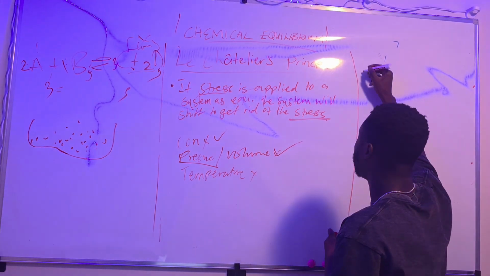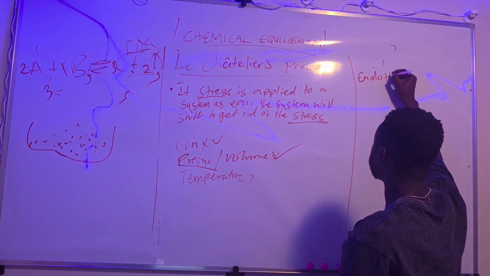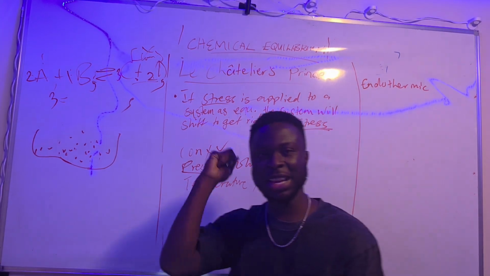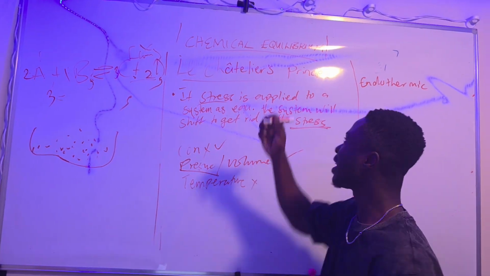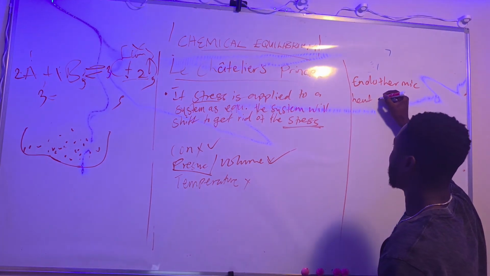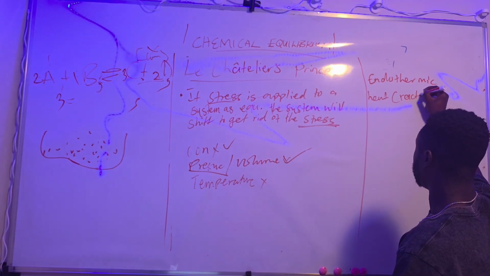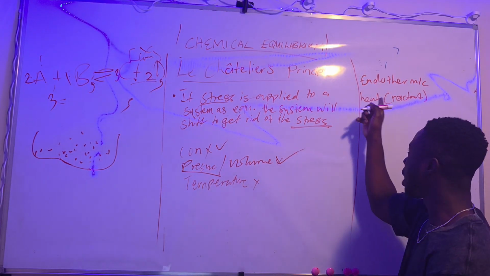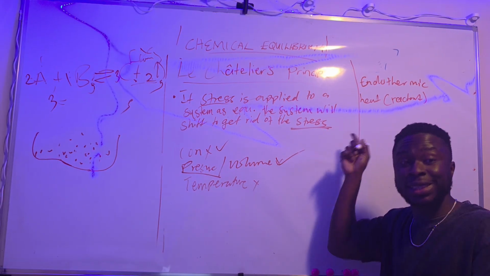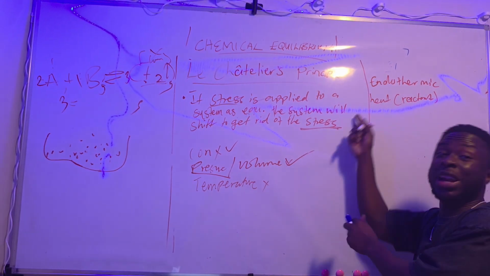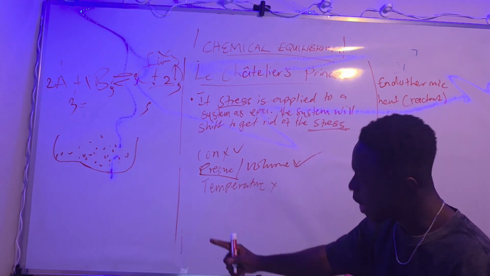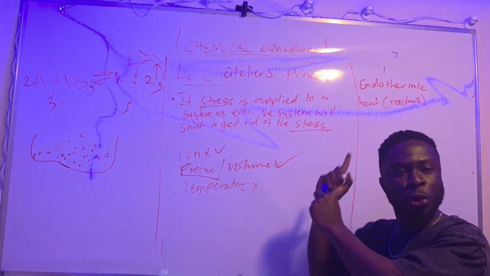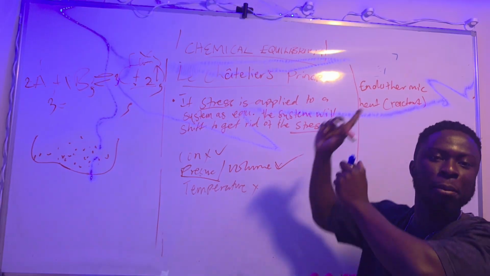Now if I'm encountering an endothermic reaction, endothermic reaction means the system takes up heat as a reactant, right? So if the system takes up heat as a reactant in an endothermic reaction and I apply more heat, it means I am applying more reactant. So the system is going to shift to produce more product, that means to get rid of the heat that I just applied.